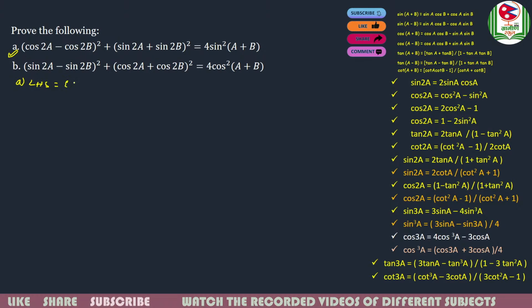So here it is (cos 2a minus cos 2b) whole square plus (sin 2a plus sin 2b) whole square. So how will you prove it? Cos 2a minus cos 2b, and can you think that it is (a minus b) whole square?